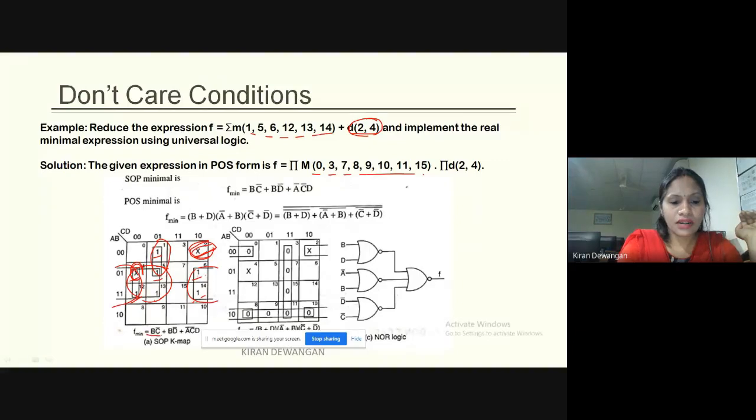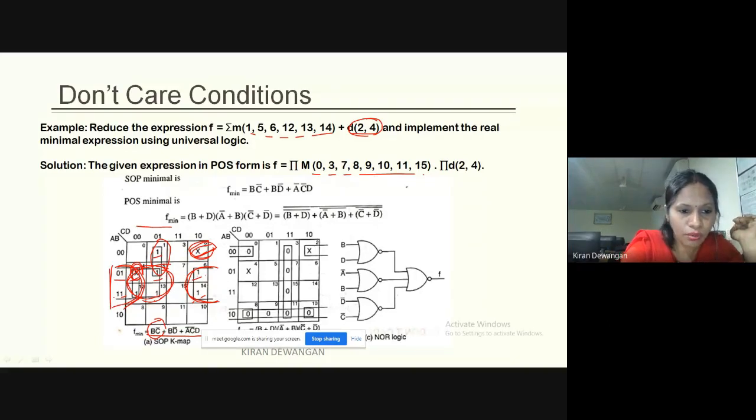So we'll start writing the minimal expression of this. The minimal expression of this particular quad: D is common. We can see D is 1 and 1 in both rows. And what is common here? It's C bar. So we are getting DC bar. Now coming to this particular quad, again D is common.